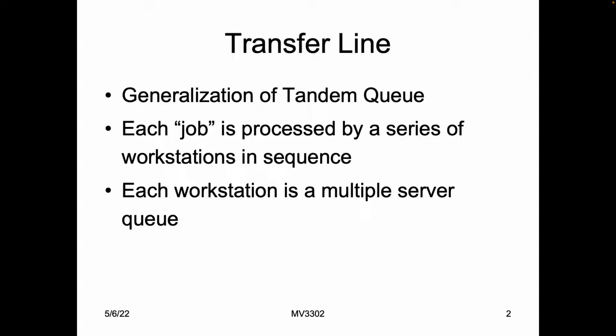The difference is that each of the stations is like a multiple server queue, whereas an automobile assembly line is sort of paced. In fact, that's one of the issues with that: every station has a fixed amount of time, typically about a minute, to get their task done.